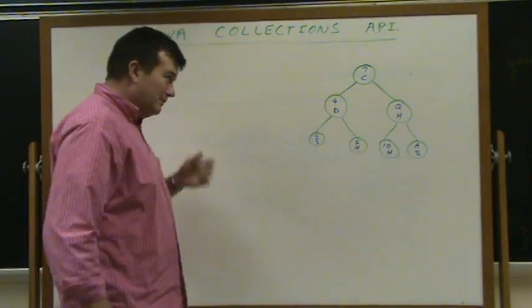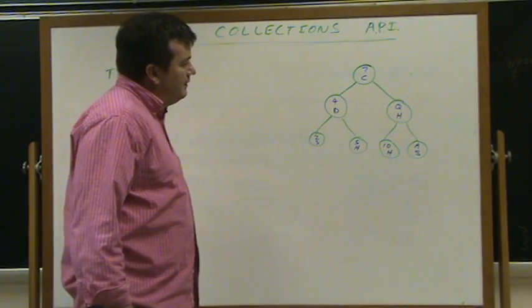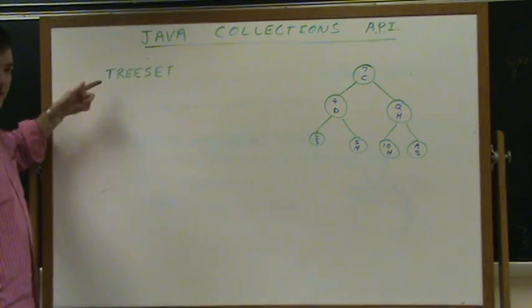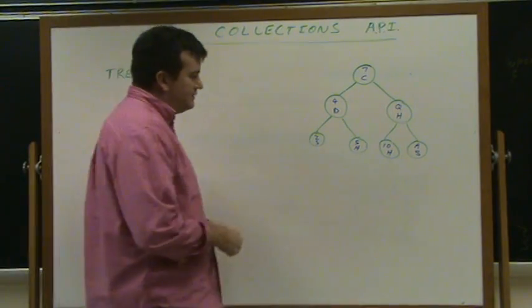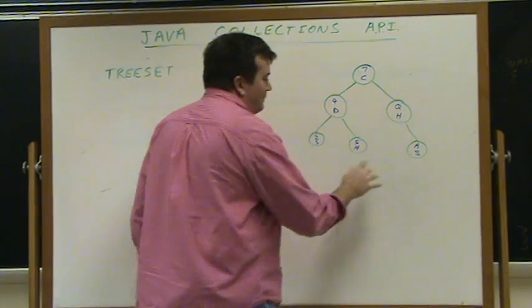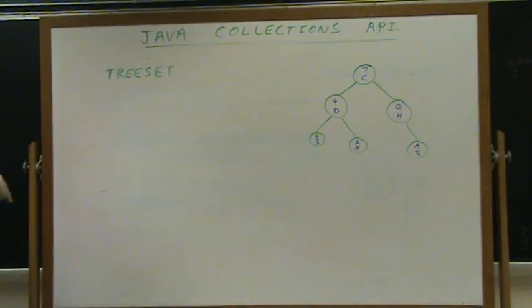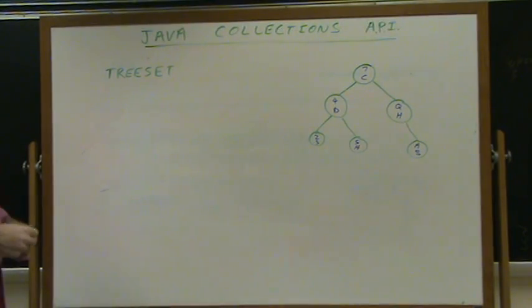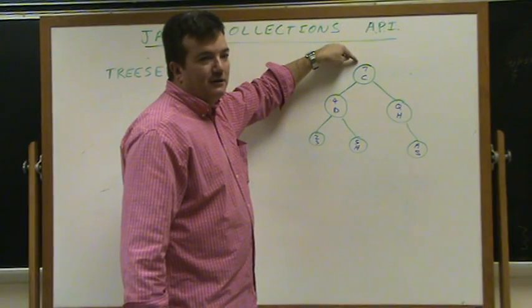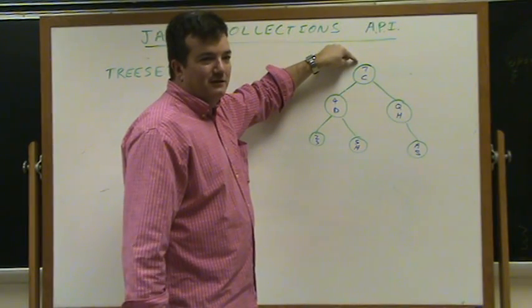Now here's the problem. We're going to be adding items to this tree set. Let's say this 10 was not here right now. Let's say the structure looked like this, and I'm now adding a 10 of hearts to this structure. How does it know that a 10 of hearts is bigger than a 7 of clubs?